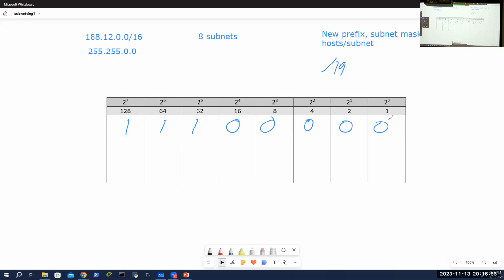So those 3 bits that are being added to the network ID go in that octet. And the 4th octet is just left alone, it's all host. So the 3rd octet looks like this, 111 followed by 5 zeros. So the new subnet mask is what?